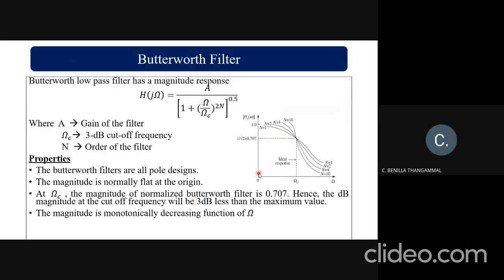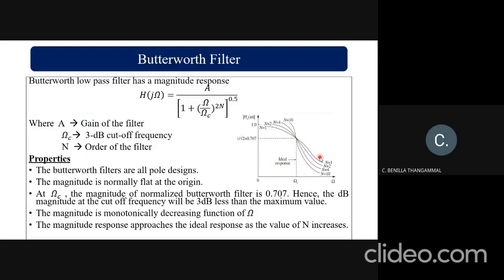The magnitude is monotonically decreasing as a function of ω, and the magnitude response approaches the ideal as the order of the filter increases. So these are the properties of the Butterworth filter.